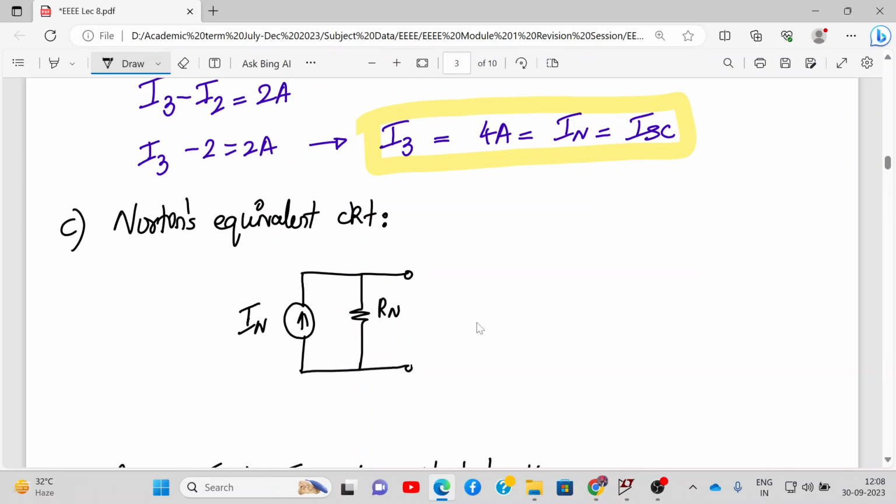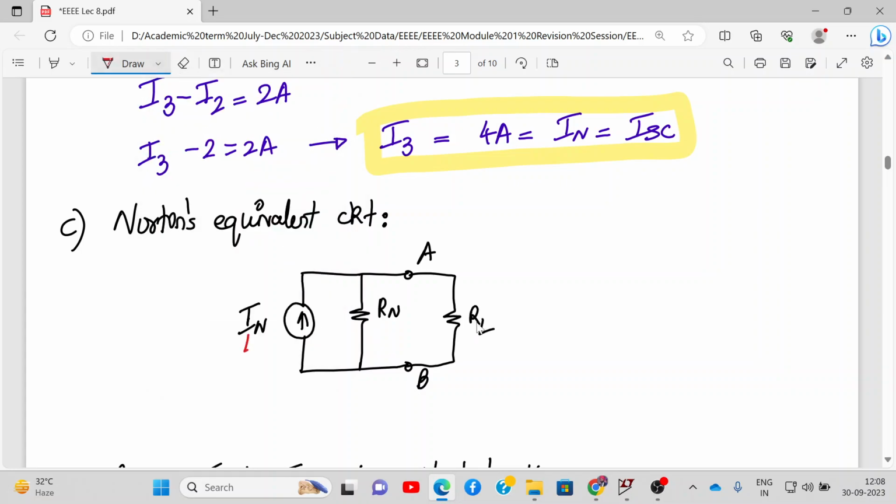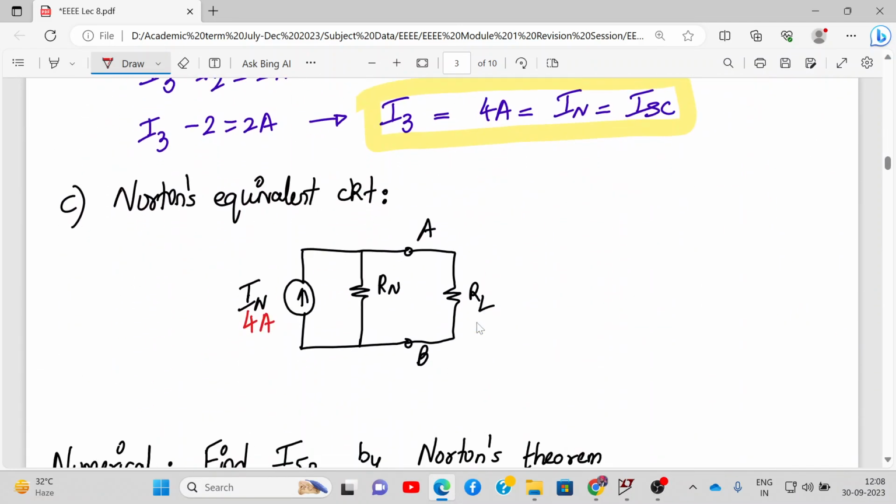It's connected between terminals A and B, and we connect back the resistor RL. What are their values? Well, the value of IN is 4 amperes, RN value is coming out to be 2 ohms, and the load resistor is 4 ohms.